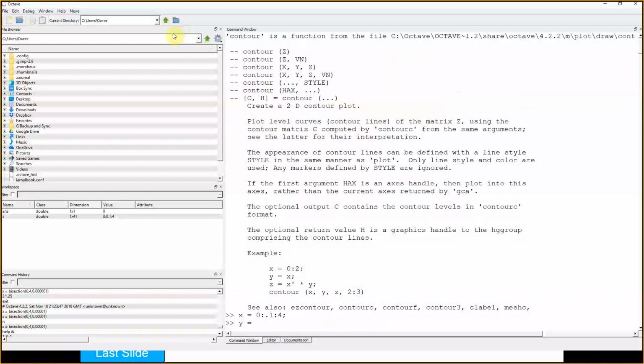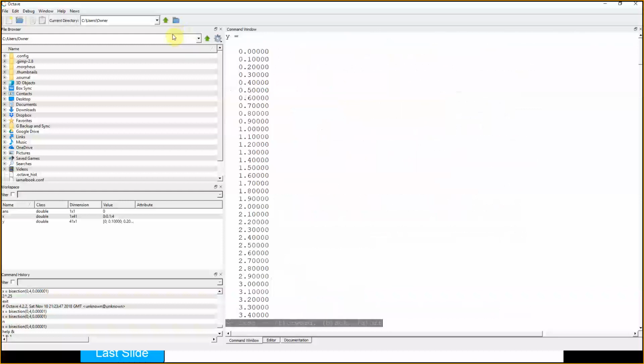Oops, didn't want to show it. Let's clean that up. Make clear and start over again.